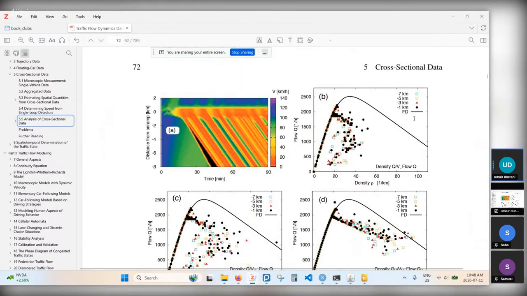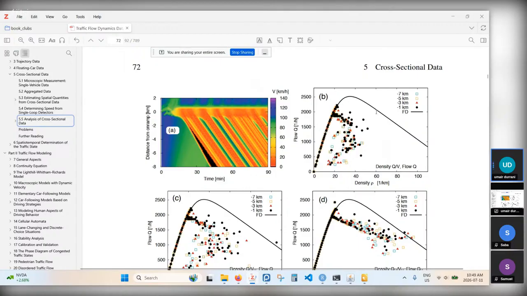We have the fundamental diagram, the black line. We also have these data points at 1 kilometer from the on-ramp, 3 kilometer, the triangle, 5 kilometer, this orange square, and then 7 kilometer, the blue square. All of these represent the points.